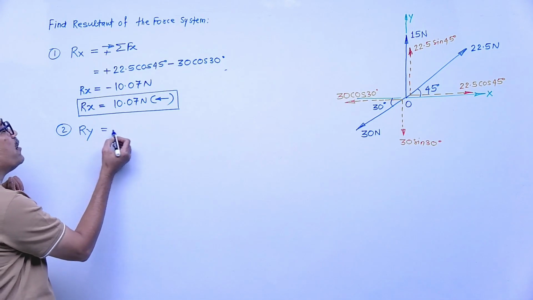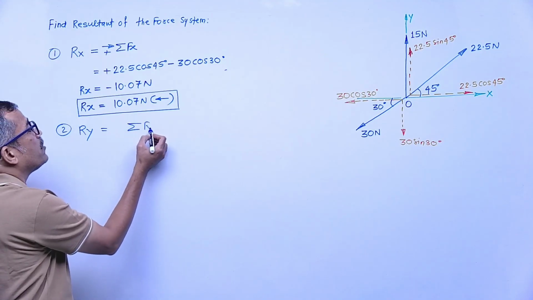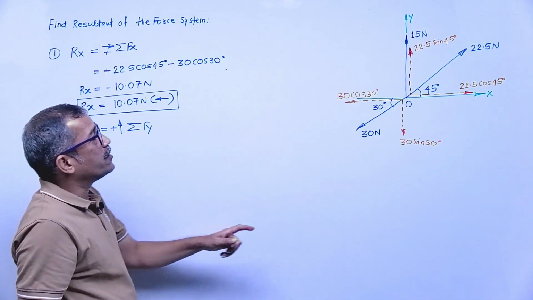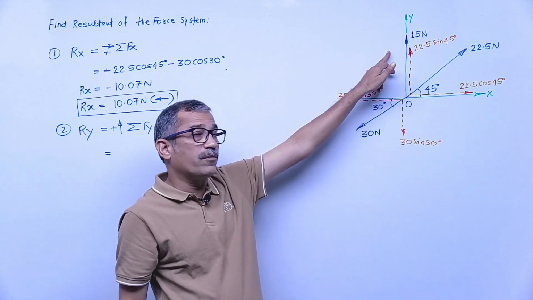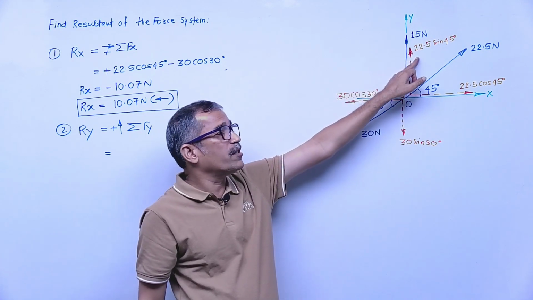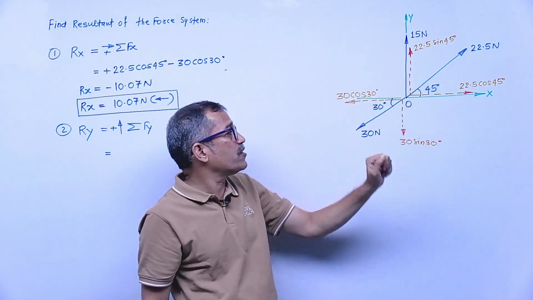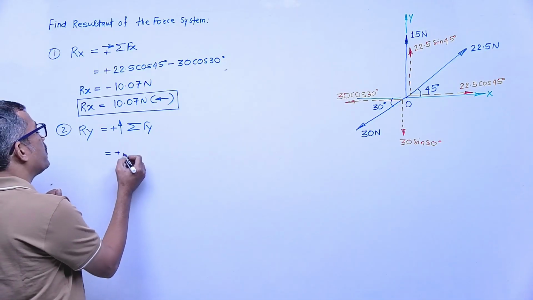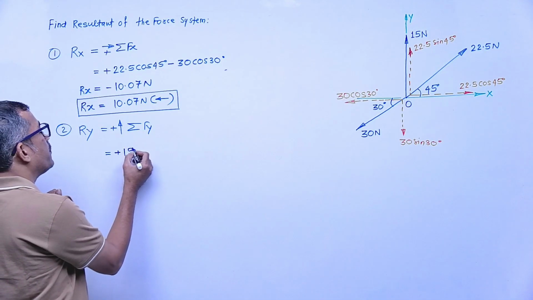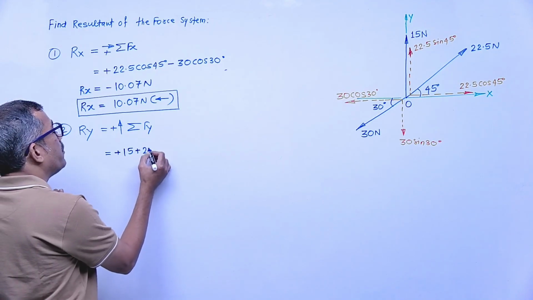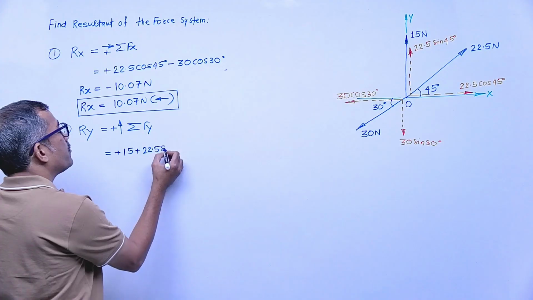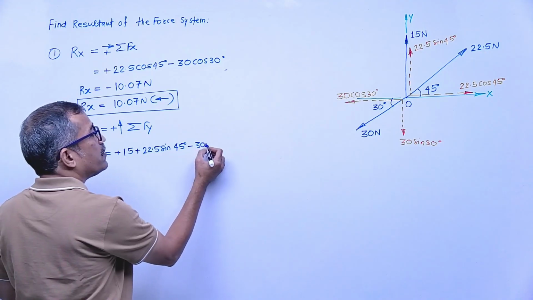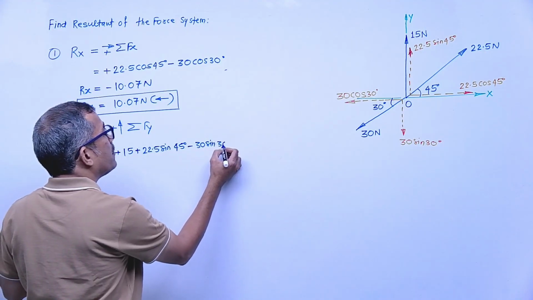How will we find Ry? Using summation of Fy, assuming upward force is positive. First, the 15 Newton is positive, being upward; 22.5 sine 45 upward is positive; and 30 sine 30 is negative. So we get plus 15 plus 22.5 sine 45 minus 30 sine 30 degrees.